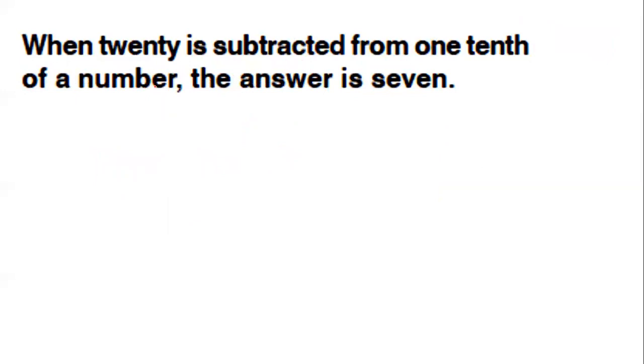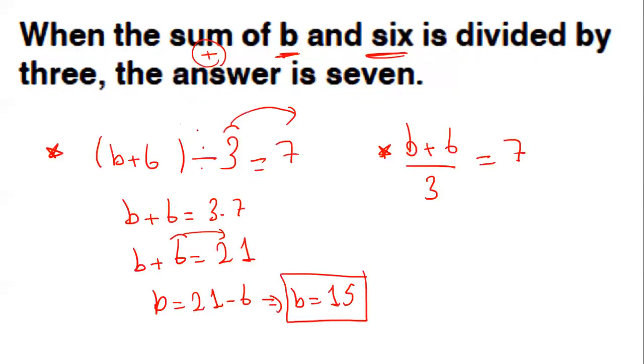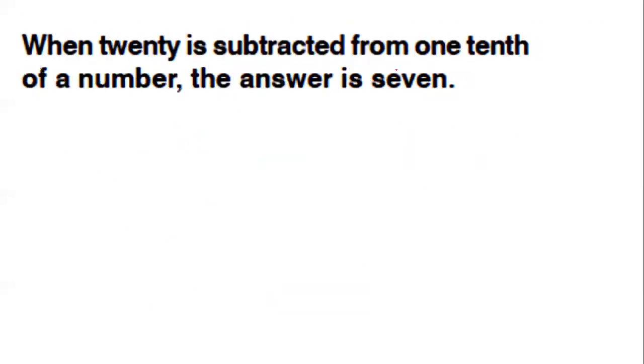All right, when 20 is subtracted from 1/10 of a number. See, in previous questions, they gave you a letter, such as when the sum of b and 6. But for this question, there is no letter. The question is saying a number.